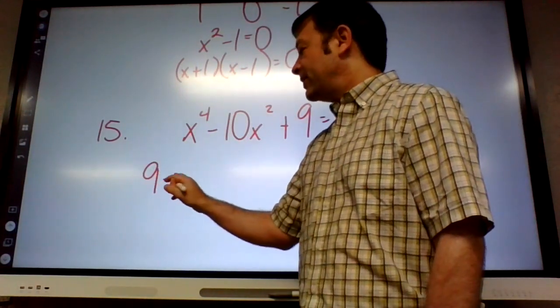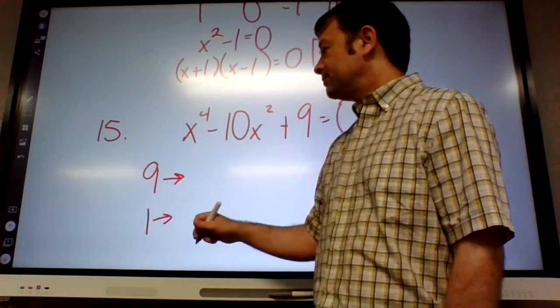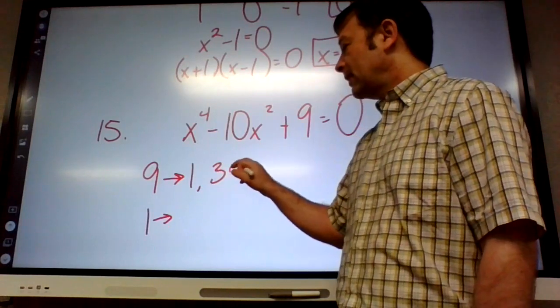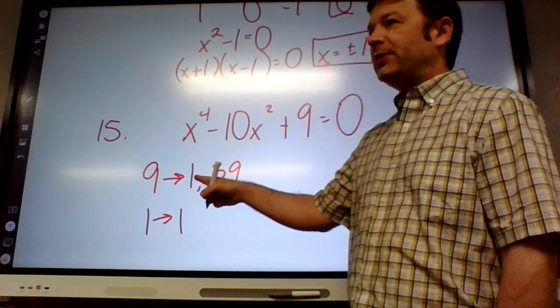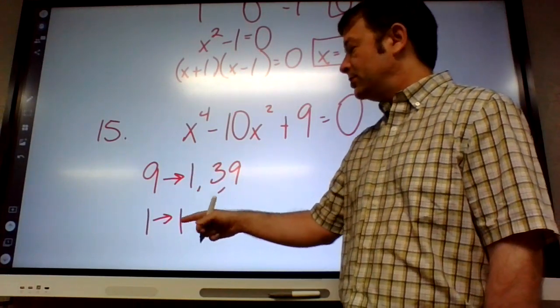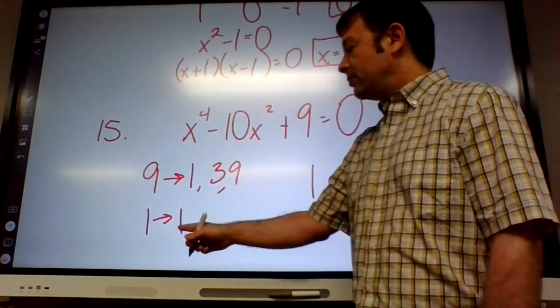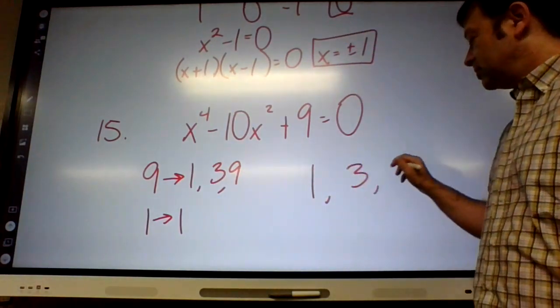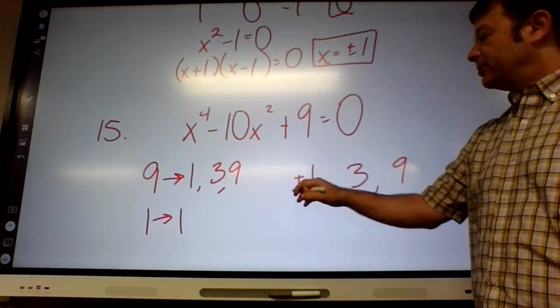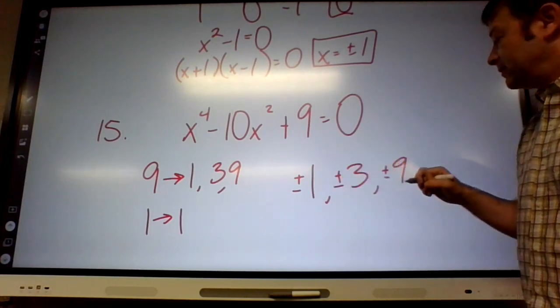So what are the factors of 9? 3, 1, 9. Okay, and factors of 1 are 1. So the possible rational roots are 1 over 1, 3 over 1, or 9 over 1. But they could all be positive or negative.